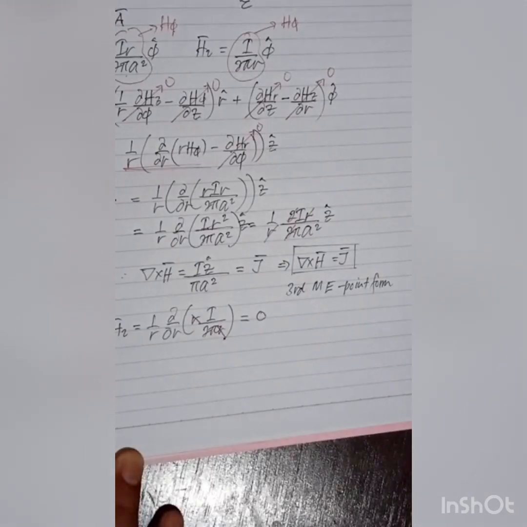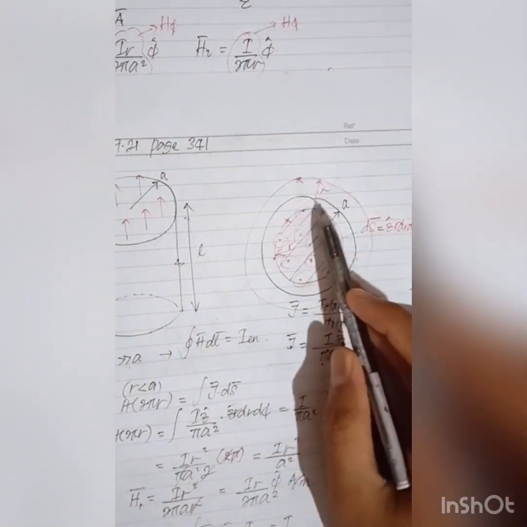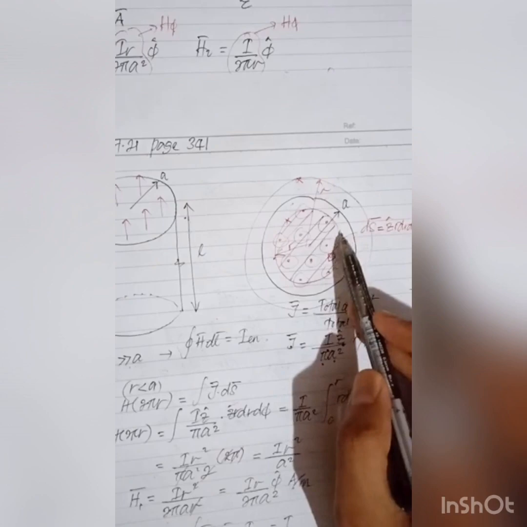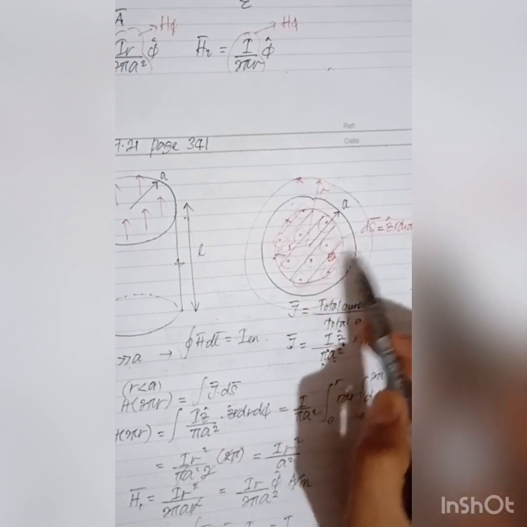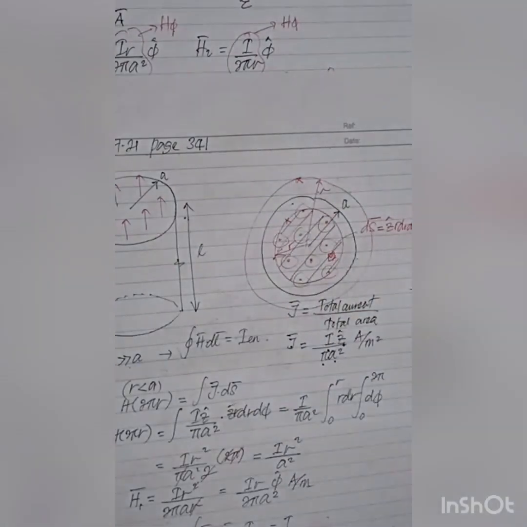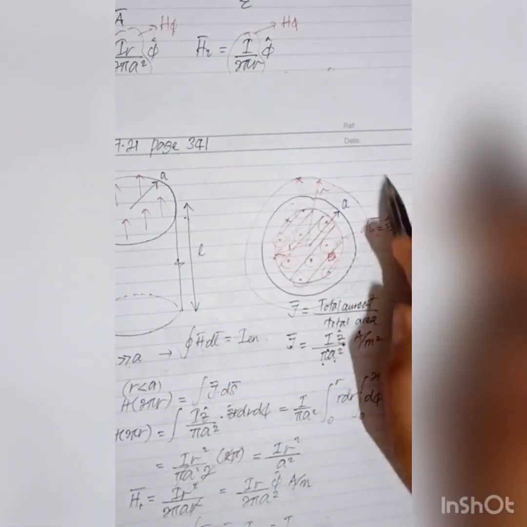My question is, what does it mean? If you see closely from this diagram, if you perform the curl of H for H1, which is inside the conductor, we are going to find J, because J only exists within the conductor. If you perform the curl of H number 2, which is outside here, we have 0. Why?